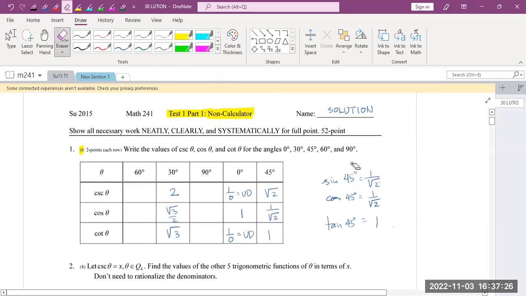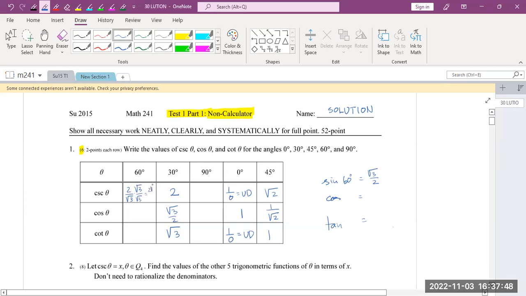Now then, for 60 degrees. Sine 60 degrees is radical 3 over 2. So cosecant 60 degrees is the reciprocal of that. From here we rationalize the denominator, multiply the top and the bottom by radical 3.